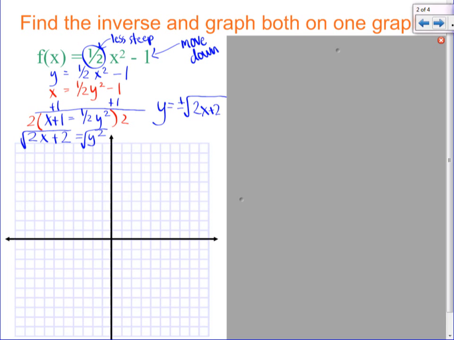We moved it down 1, and it's less steep. Okay, so it's going to look like this. We don't have to plot any points. It's just a less steep parabola. Okay, now we need the mirror image over this line. So everyone draw in the y equals x.